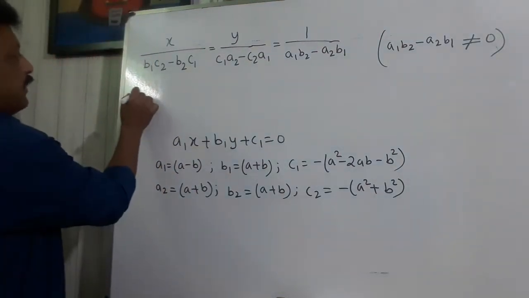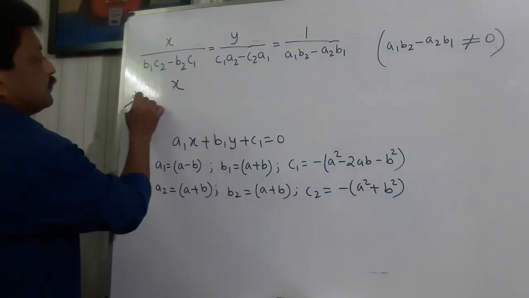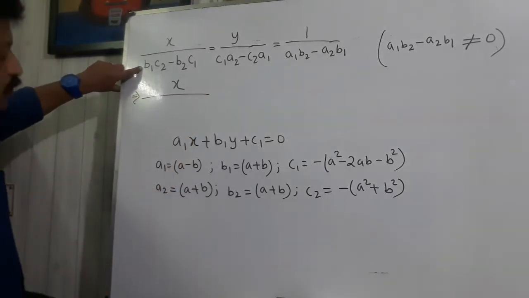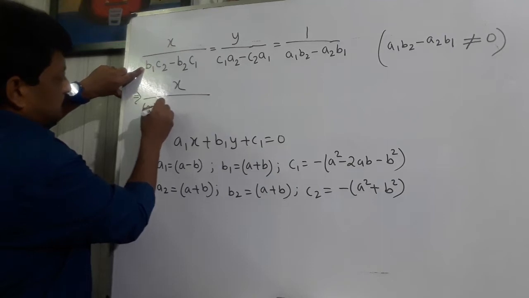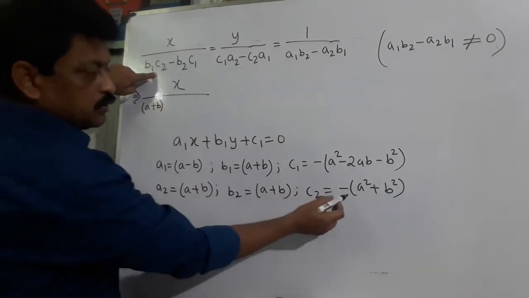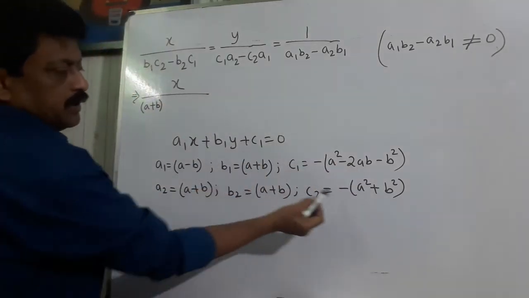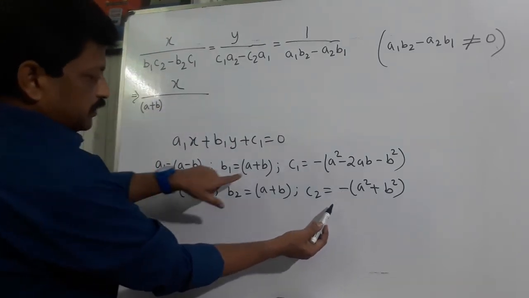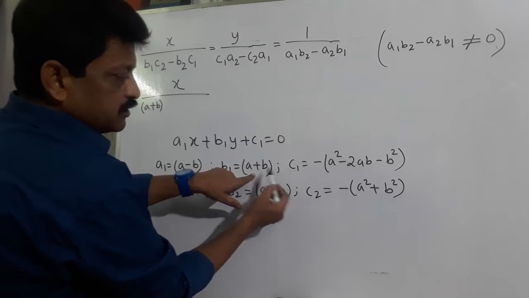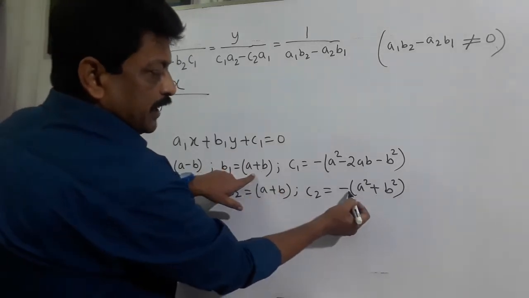Now let us substitute the values of all this. So b1c2: what is b1? b1 is a plus b. c2 is minus of (a square plus b square). Since b1 and c2 are to be multiplied, a plus b with (a square plus b square) with the minus sign outside.